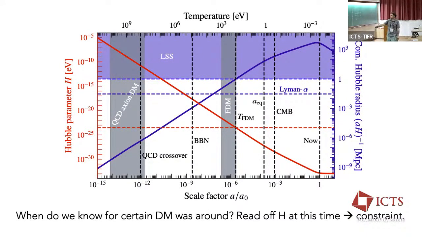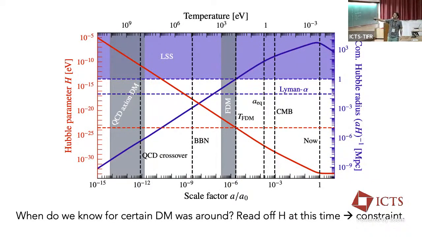When do we know for certain when dark matter was around? We can read off H at this time and get a constraint. I say, okay, I know for sure dark matter should be behaving like dark matter now. So the mass had better be larger than Hubble now. What's Hubble now? 10 to the minus 33 eV. The mass would absolutely definitely better be larger than 10 to the minus 33 eV, or it's not behaving like a to the power minus 3, behaving like matter.